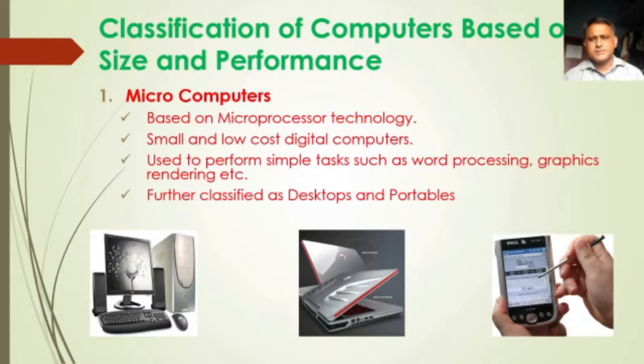That is the size of the microprocessor, which does the job of the whole CPU. So these computers are very small in size and very low in cost, and they are very popular these days, almost everywhere.